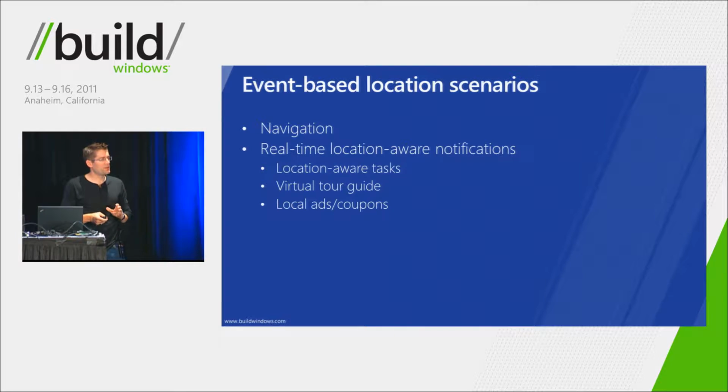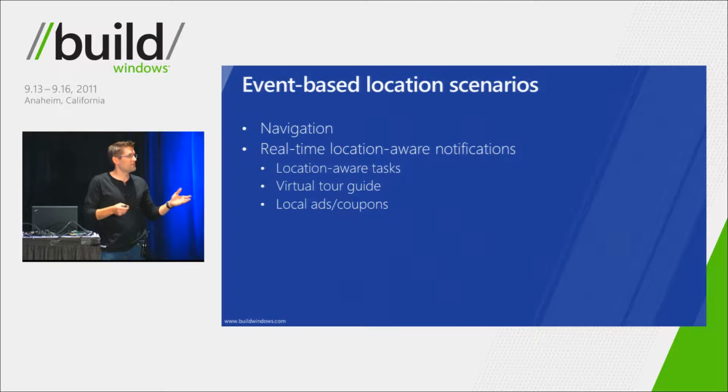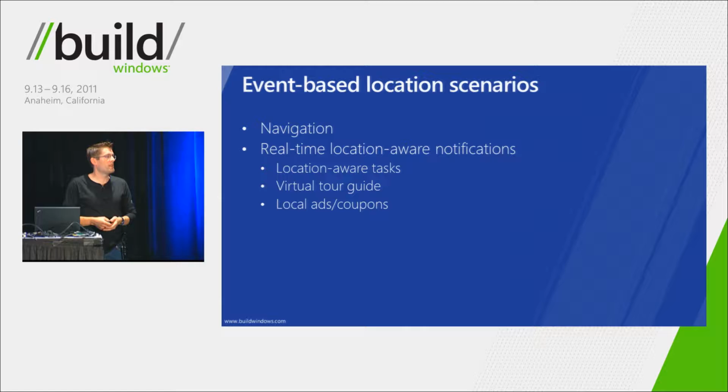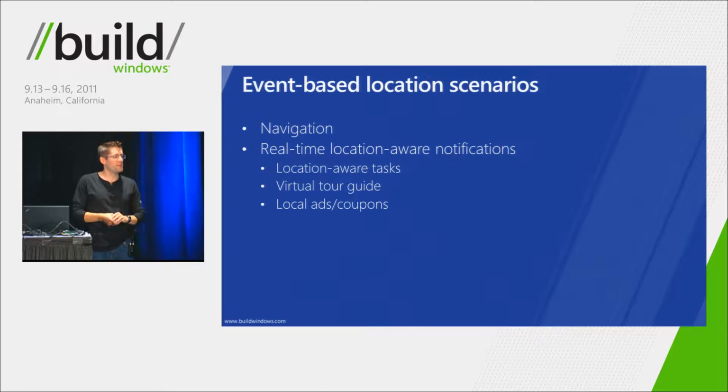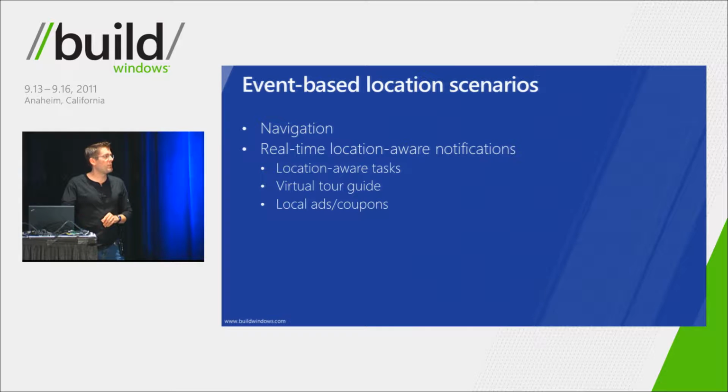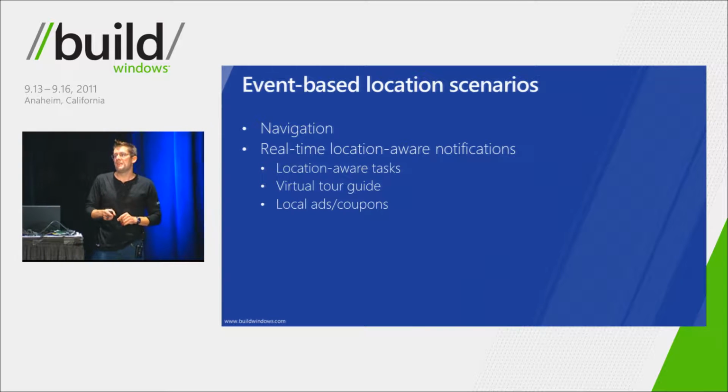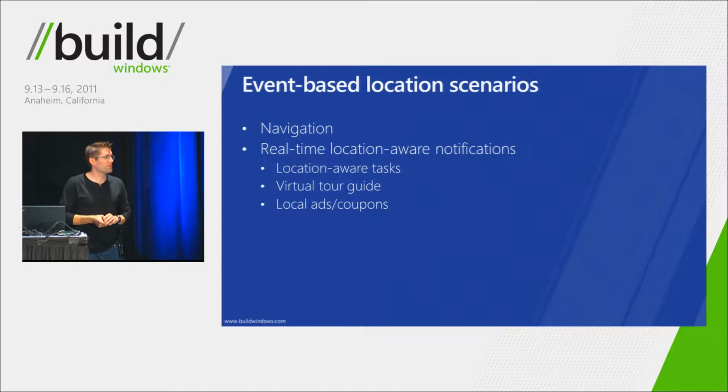We could also do real-time location-aware notifications. So if a user is at home or at work, we could present them with a list of tasks that are really only relevant to the place that they're currently at. It could be a great convenience. So we talked about points of interest. If the user is running our virtual tour guide app, we could actually give them notifications based on nearby points of interest as they're driving through a city or walking by on foot.